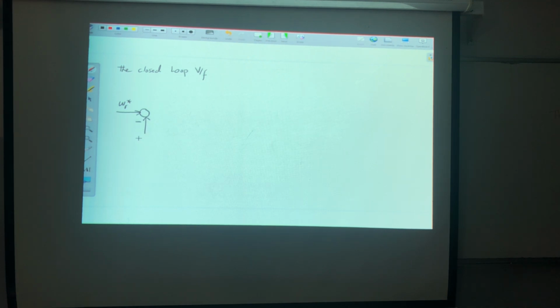So this is a minus, and this will be omega. Then after that, you use a PI speed control.